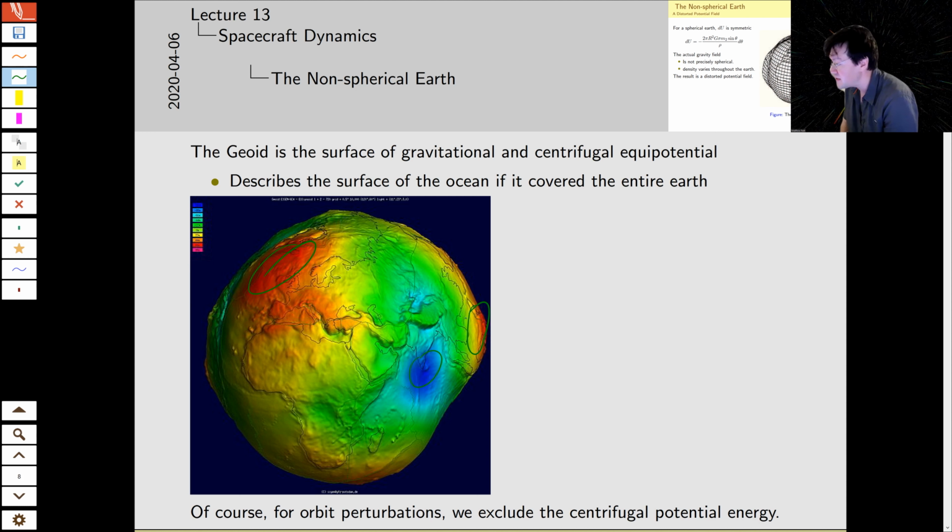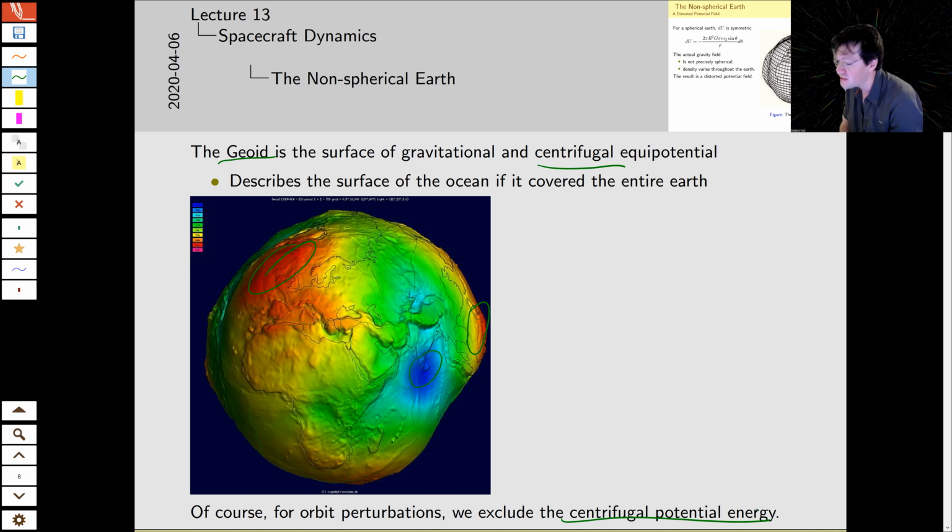So as I said, the geoid. Now, technically, the geoid is not just due to gravitational potential, I should have mentioned, because the Earth is rotating, and so there's a centrifugal force component to the geoid as well. Of course, the centrifugal potential energy doesn't affect us. So technically, we won't be using the geoid, but it's a nice visualization technique.